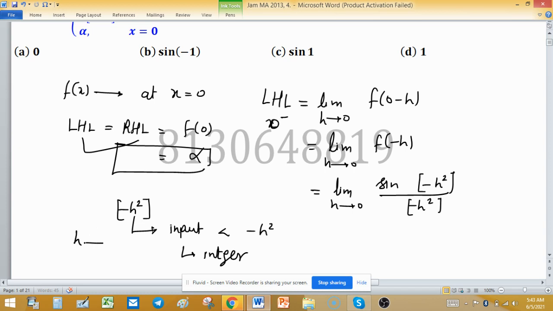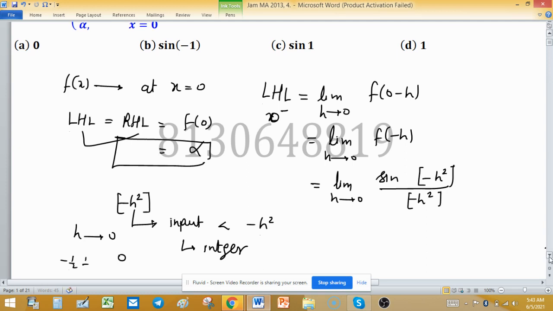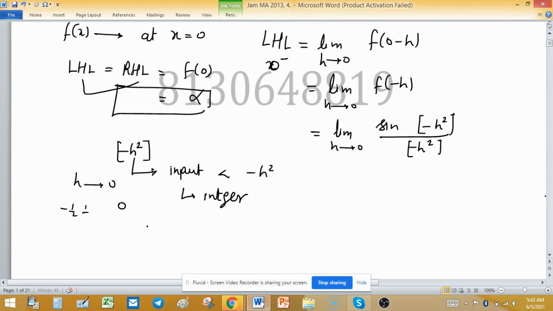As h is tending to 0 and we are approaching 0 from the left hand side, you can consider nearby points like minus 1 upon 2, minus 1 upon 3, minus 1 upon 4. These are rational values. So minus 1 is the least integer which is less than minus h square.